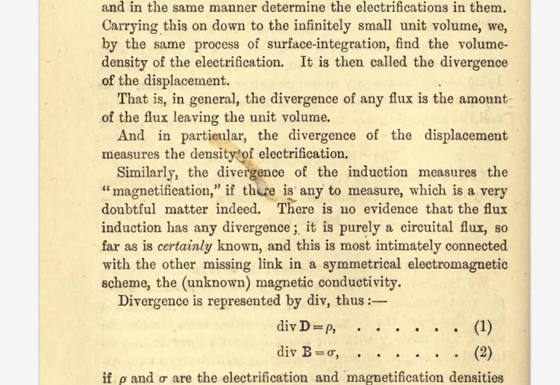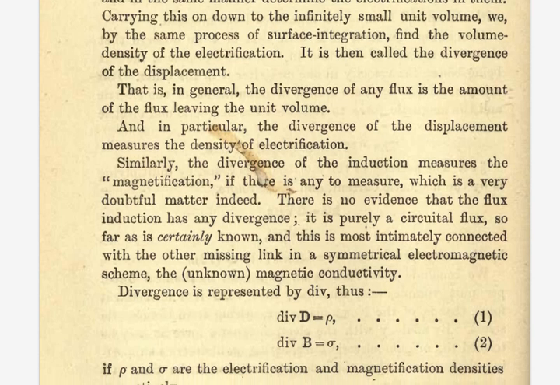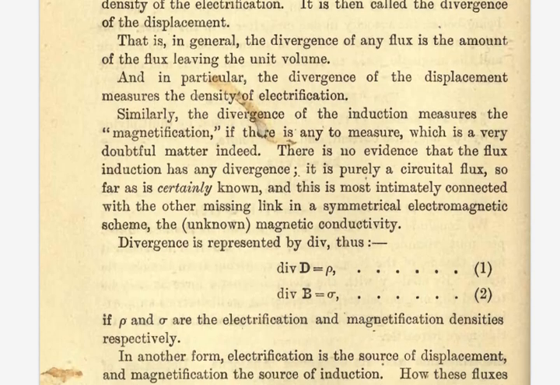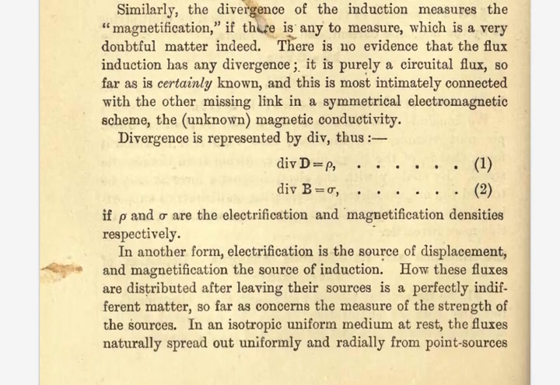Similarly, the divergence of the induction measures the magnification, if there is any to measure, which is a very doubtful matter indeed. There is no evidence that the flux induction has any divergence. It is purely a circuital flux, so far as is certainly known, and this is most intimately connected with the other missing link in a symmetrical electromagnetic scheme: the unknown magnetic conductivity.